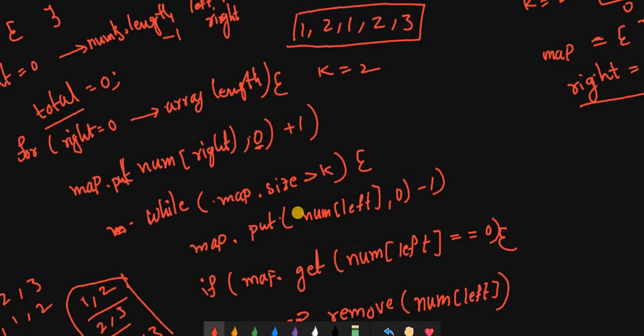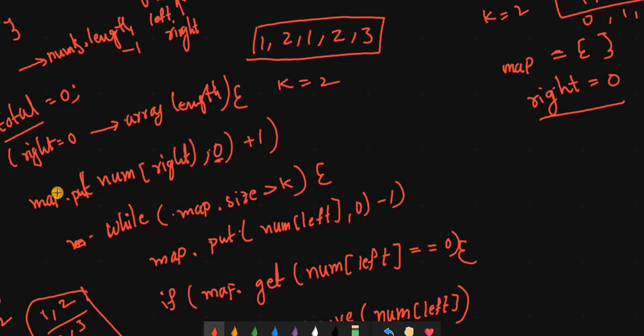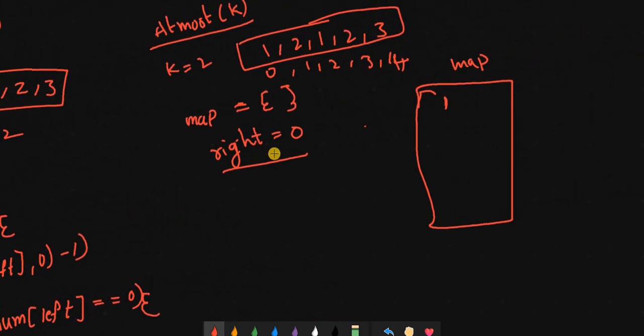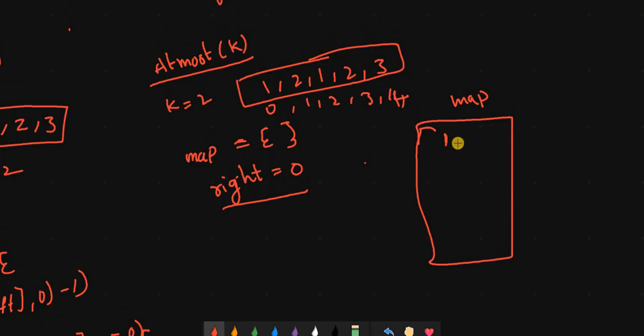From this pseudocode, consider we first start from the 0th index, store that value into the map and increase the frequency. Okay, here I'm starting from the 0th index, and at the 0th index the value 1 is there. So that value's frequency is 1.